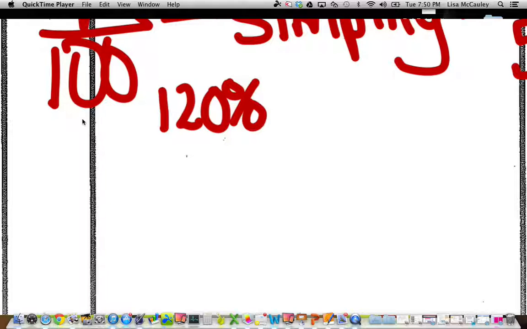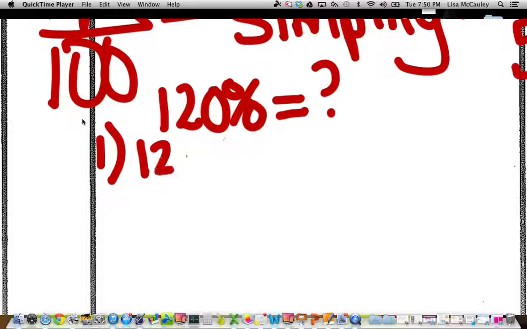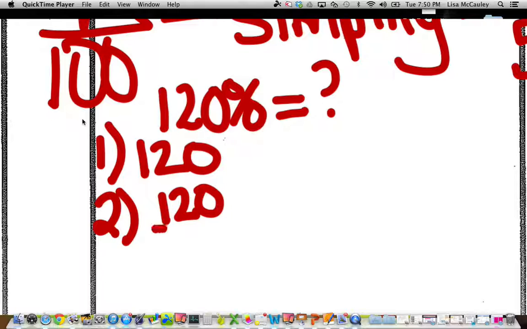How are we going to convert that into a fraction? Okay, step 1, drop the percent sign, and we get 120. Okay, and then we're going to take that and put it in a fraction with 120 with a denominator of 100. And then we simplify.